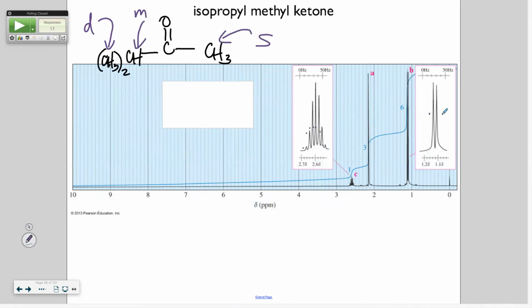What should the integration values be? So the blue line is the integration. Notice that from here to here, that's 1. This is 3 times this, and this is 6 times that.